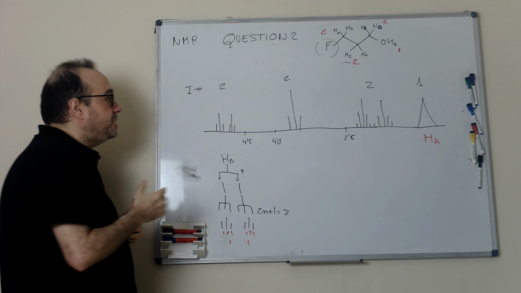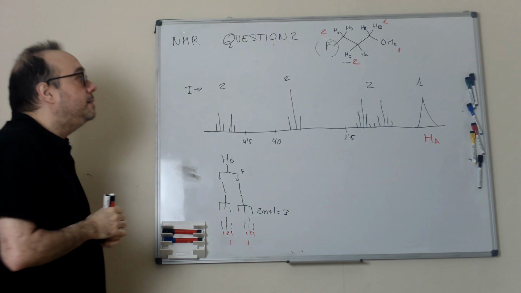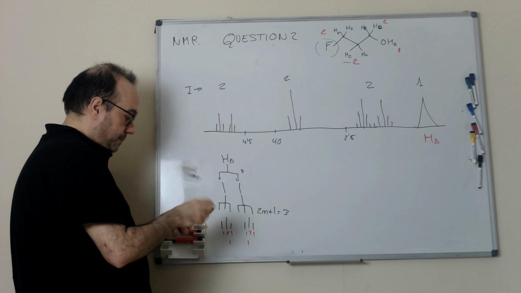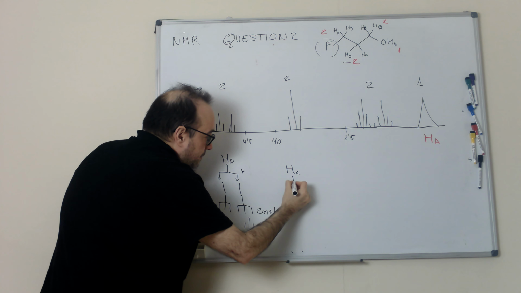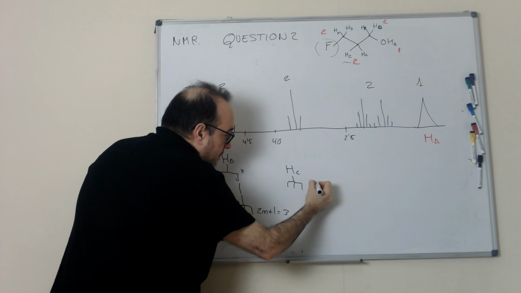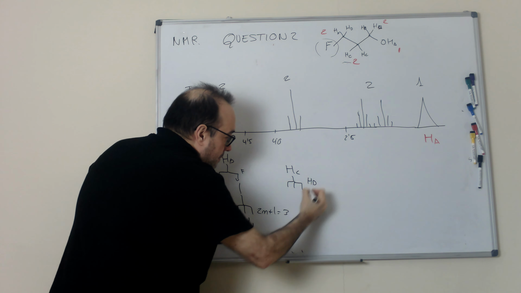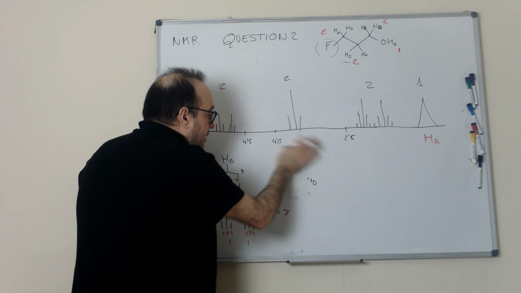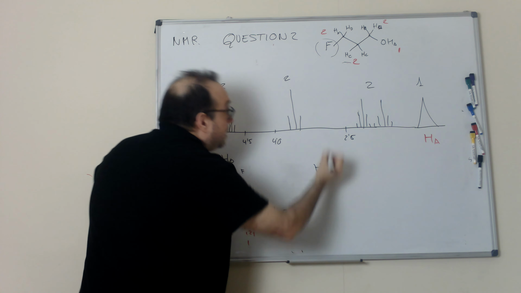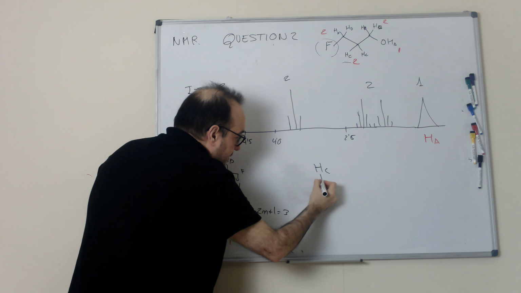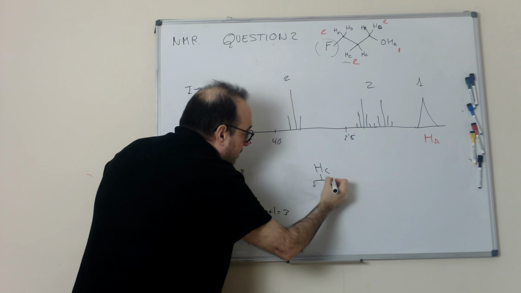Then we can check Hc. Hc will couple with Hd, J3, and we will get a triplet. Then it can couple with Hb, and each of the signals will be a triplet.